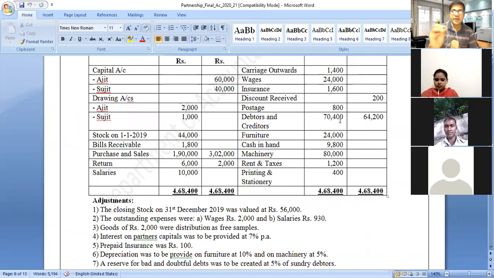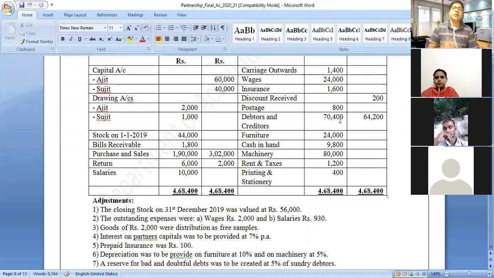On that, we have to find out 5%, which is 3,520. This RDD is called the new RDD.